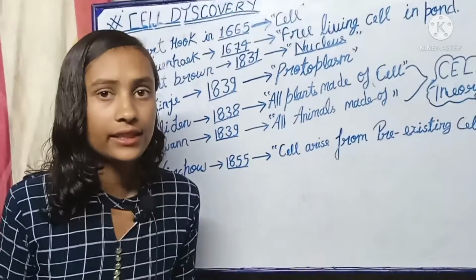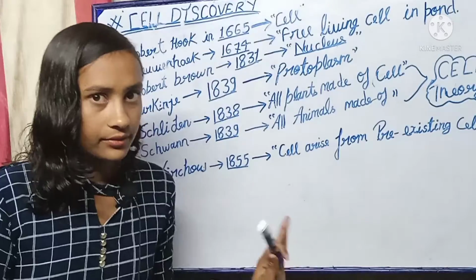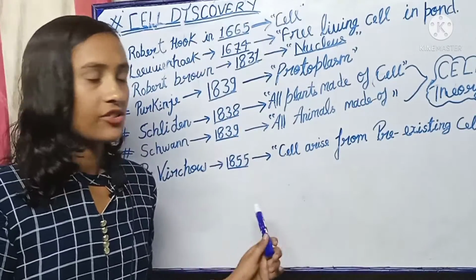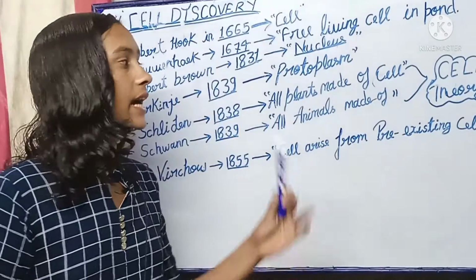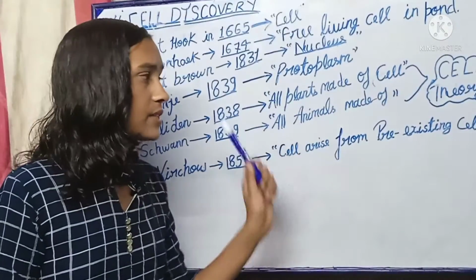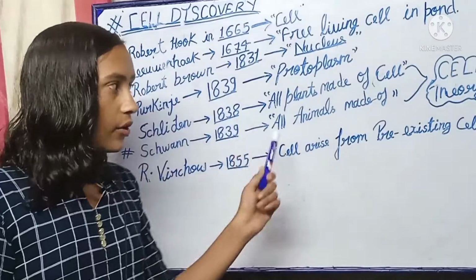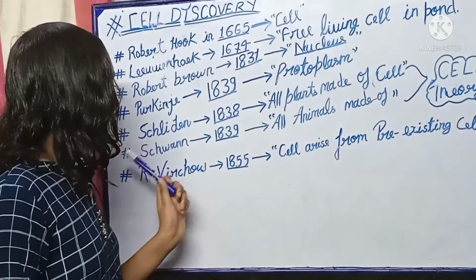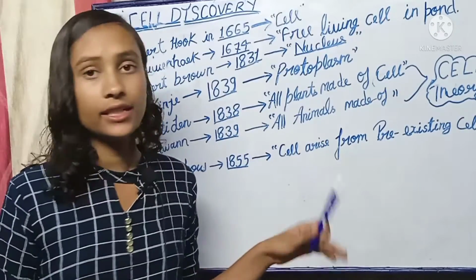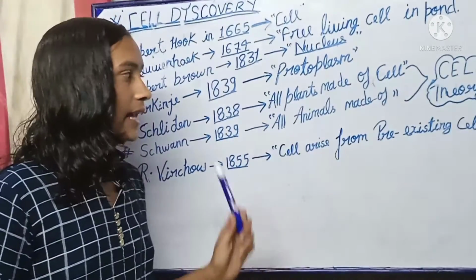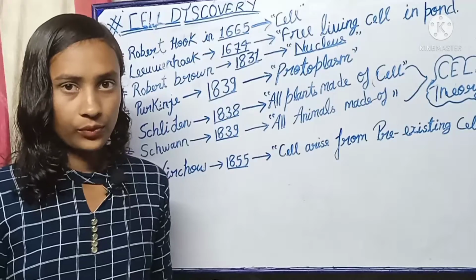Then in 1838 the German scientist Schleiden came, and he gave the basic idea that all plants are made up of cells.